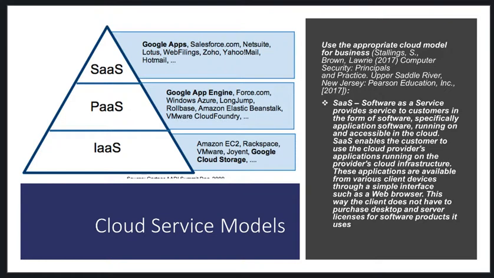Now, these applications are available from various client devices through a simple interface such as a web browser. This way, the client does not have to purchase desktop and server licenses for software products that they use. Example of SaaS would be Google Apps, Salesforce.com, NetSuite, Lotus, Web Filings, Zoho, Yahoo Mail, and Hotmail.